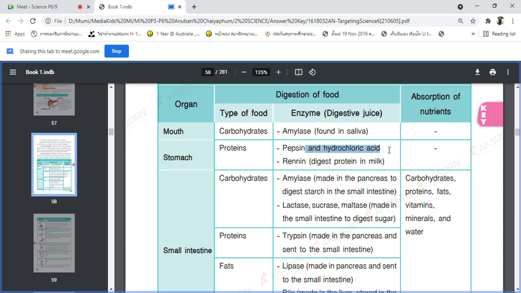Pepsin and hydrochloric acid will digest normal protein, but renin will digest milk only. You have to remember that.